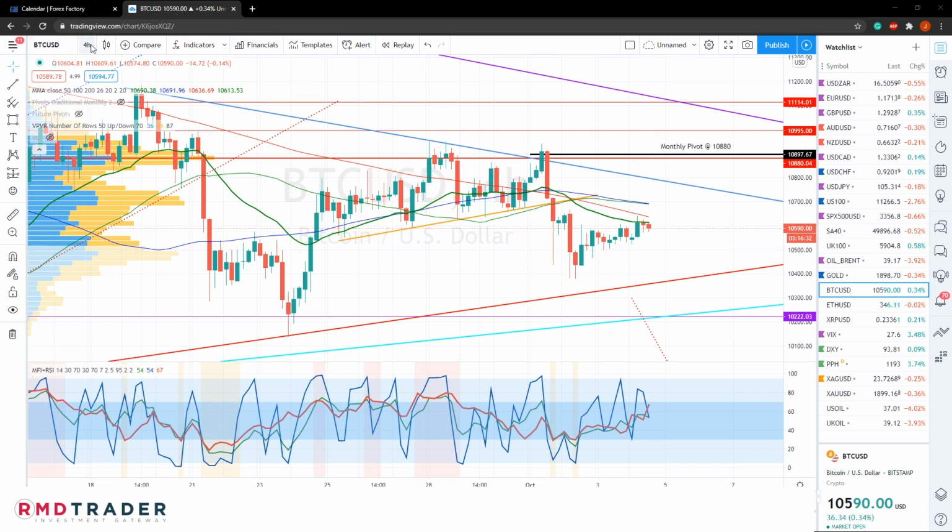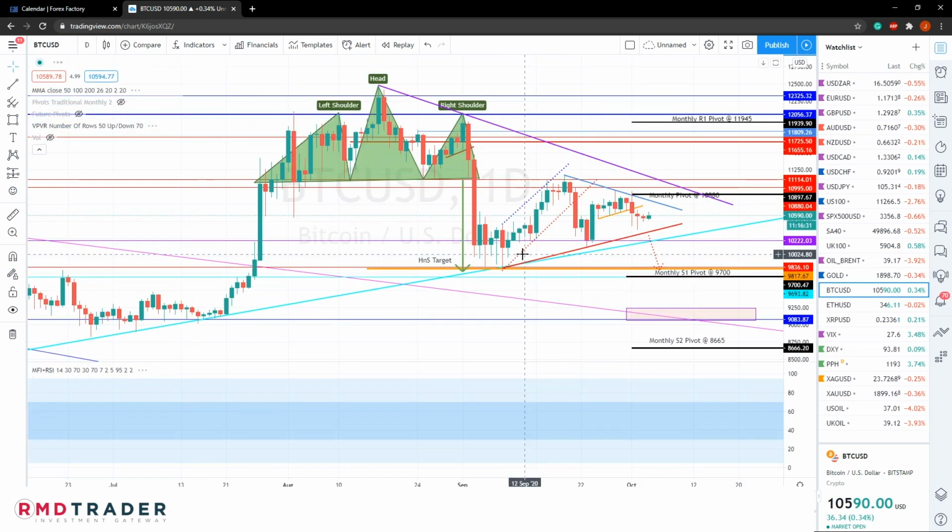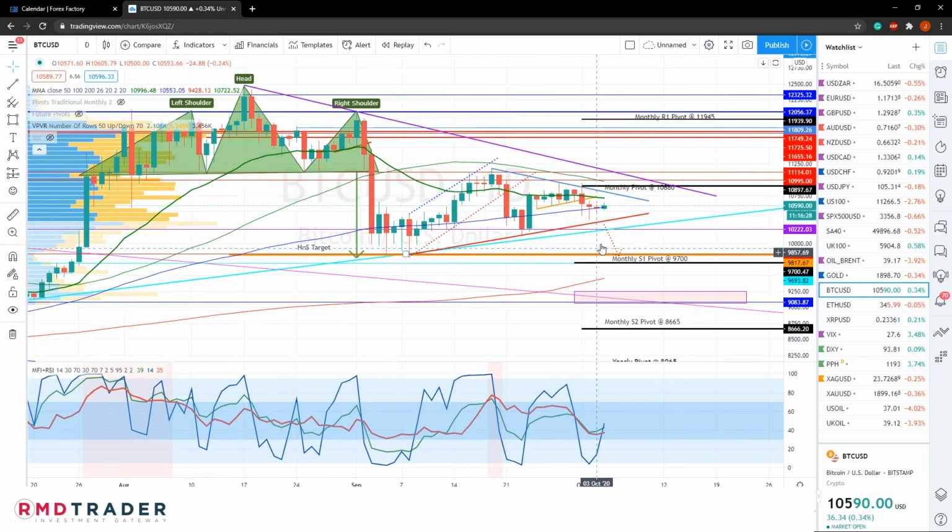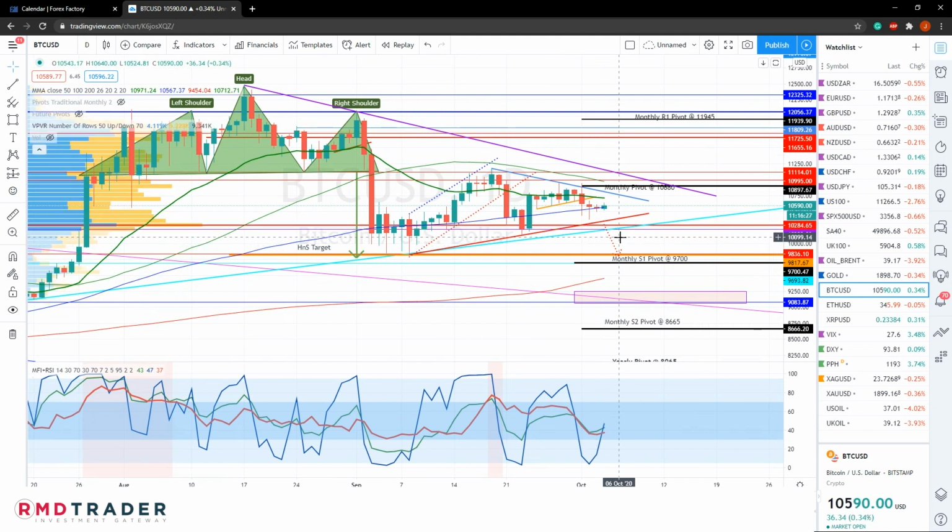But just quickly moving to the daily time frame to get a bigger picture of what might be happening here. As you can see, if we break below this diagonal, the first price target would be the monthly S1 pivot at 9,700.